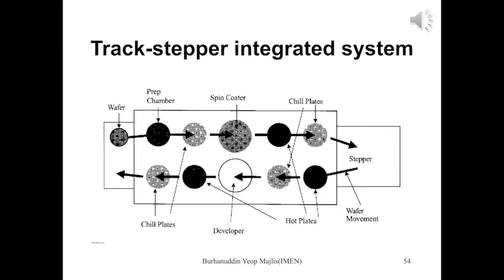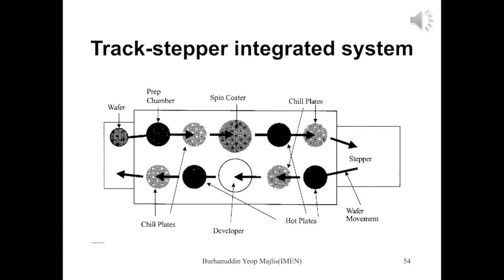You can see here, to do patterning, we have the wafer and then it enters the pre-deposition chamber, and then the spin coater to coat the wafer with resist, and then it goes to the stepper for patterning, step and repeat, and then moves to the hot plate, then develop, and after develop we cool down, and then we get the wafer with the complete pattern on it.